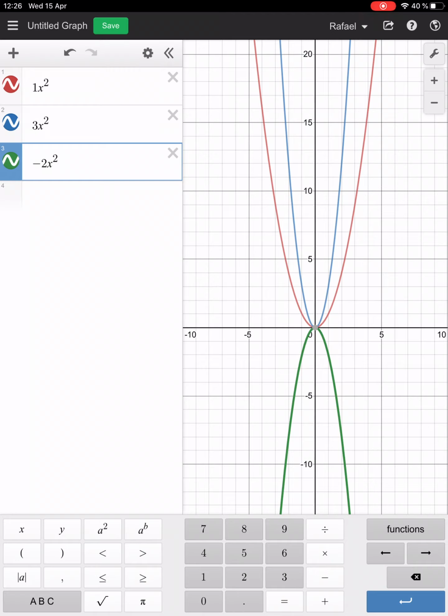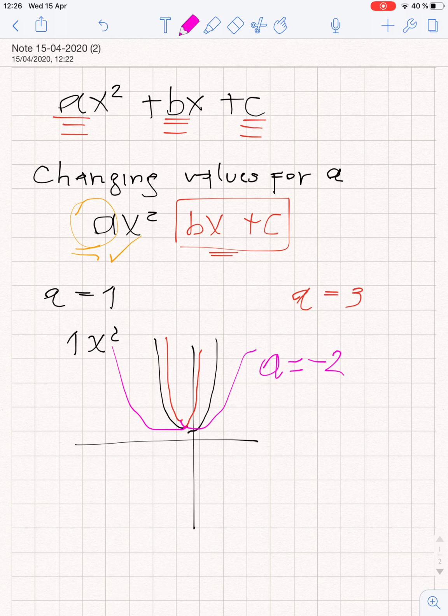Actually, we are changing the side where the curve was drawing. But that happens when you have different values for a. Only for a. Don't consider b and c, okay?